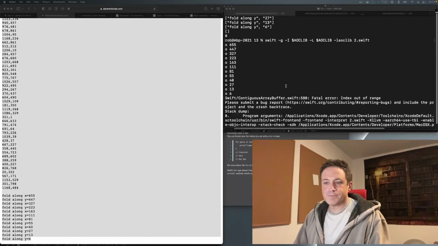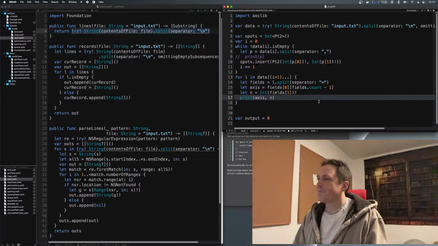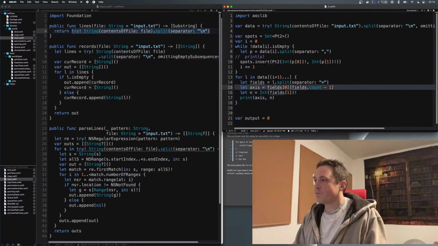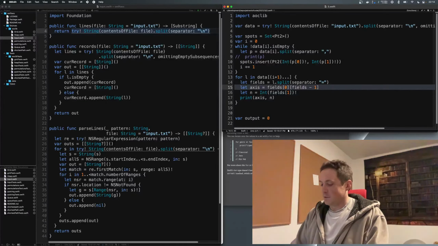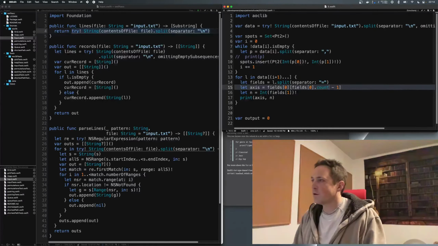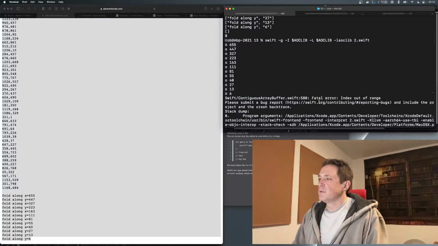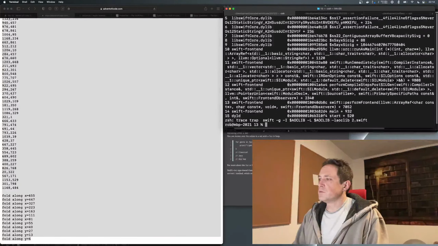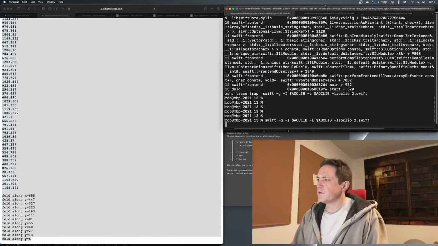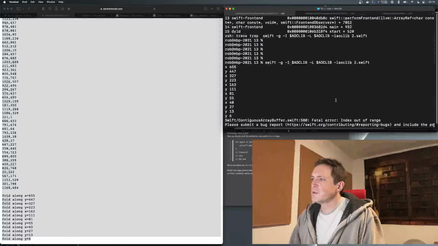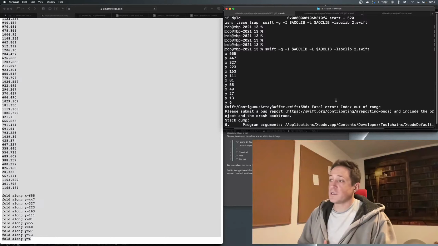Count. Fields 0 count, but that still doesn't explain our crash, does it? I don't get it. Y6, so that's all looking good.